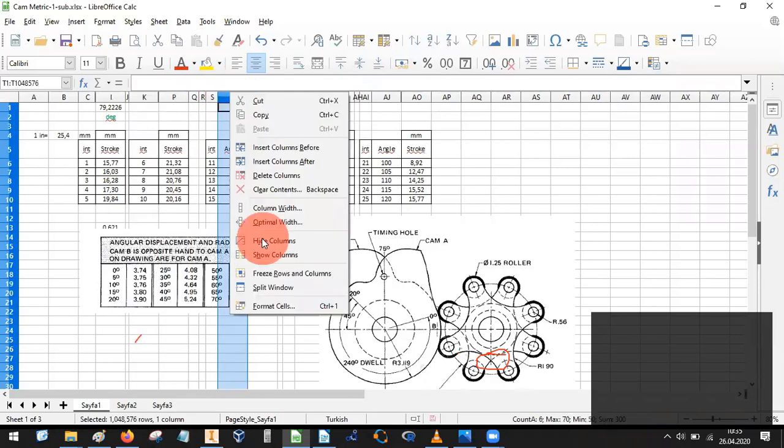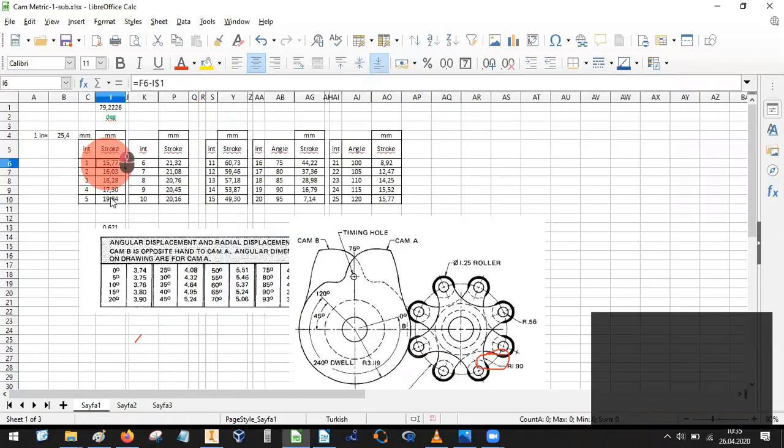Then I will make the lift at those points. Also, I'm going to create another segment, which is 26, and I will remain at this point.